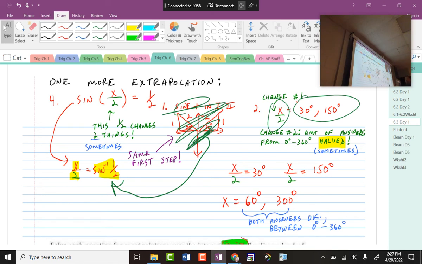But then when I multiply both sides by 2, I still kept 2 answers. So I didn't lose the amount of my original question. But I don't have to add 360. I mean, if I added 360, then that would be 390 times 2. That's huge. And that's way bigger than 360. Understand the point.